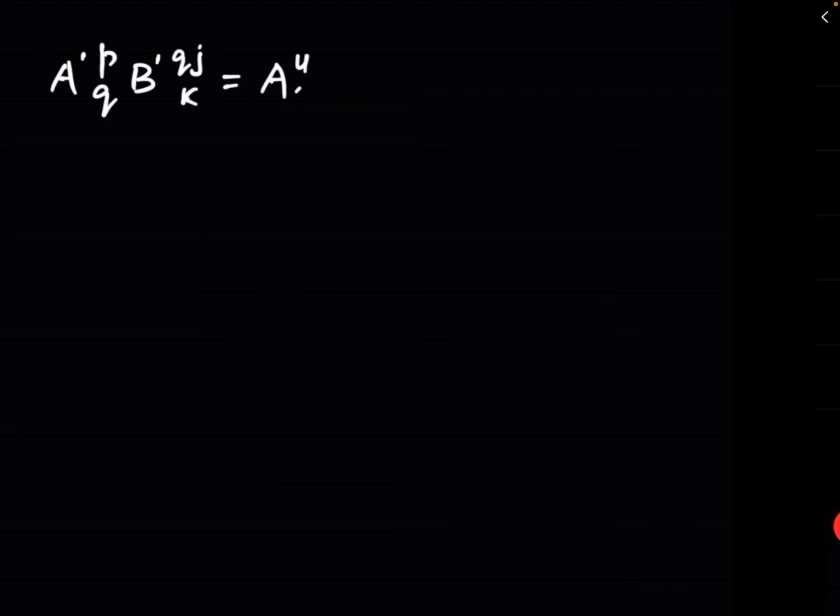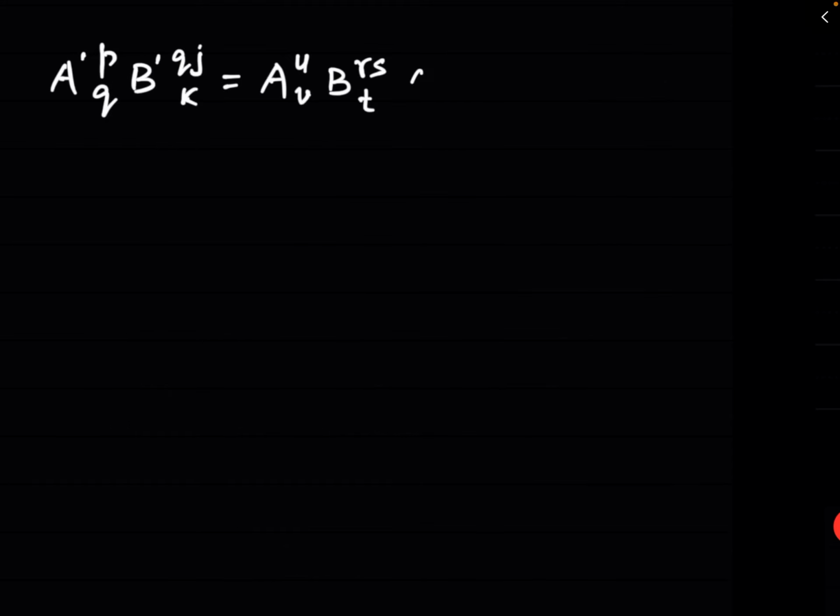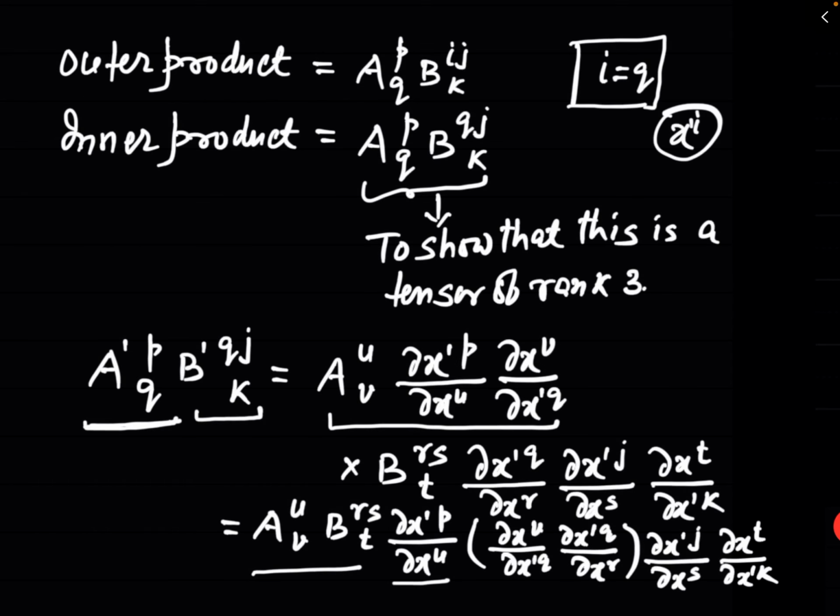So write those things at each. This is A UV times B RST and del x prime P by del XU.